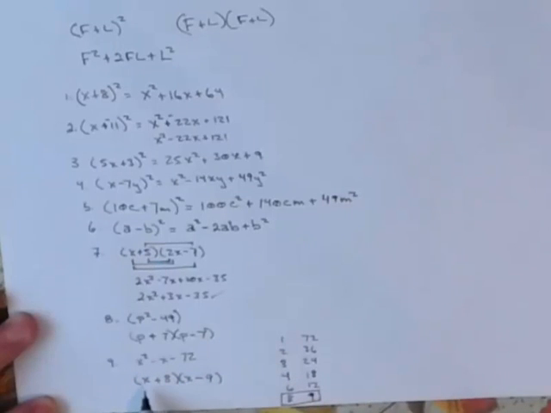Because when I do my outsides, x times negative 9 is negative 9x, plus insides 8x. So negative 9x plus 8x is negative 1x, and that's what I have here. So factoring x squared minus x minus 72, the result is x plus 8, x minus 9. You may have written it the other way around, x minus 9, x plus 8. Both are equally correct. That is the answer to number 9.